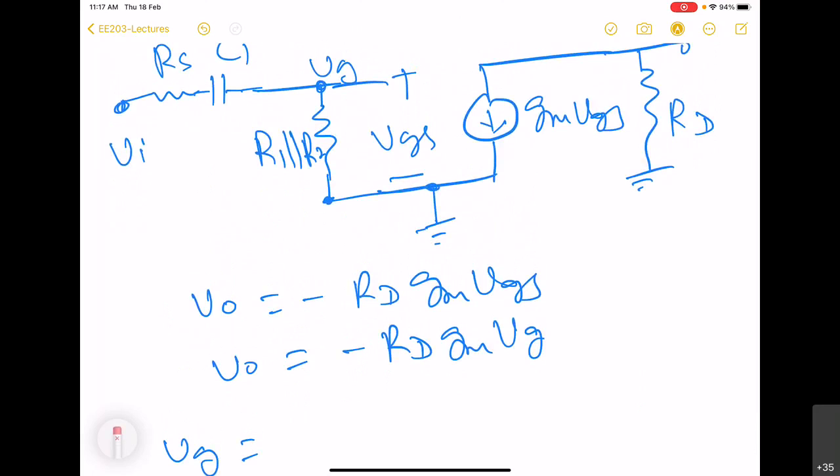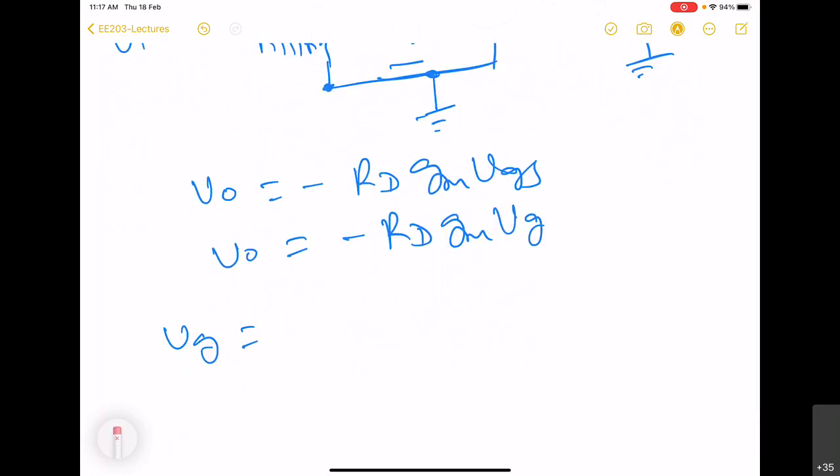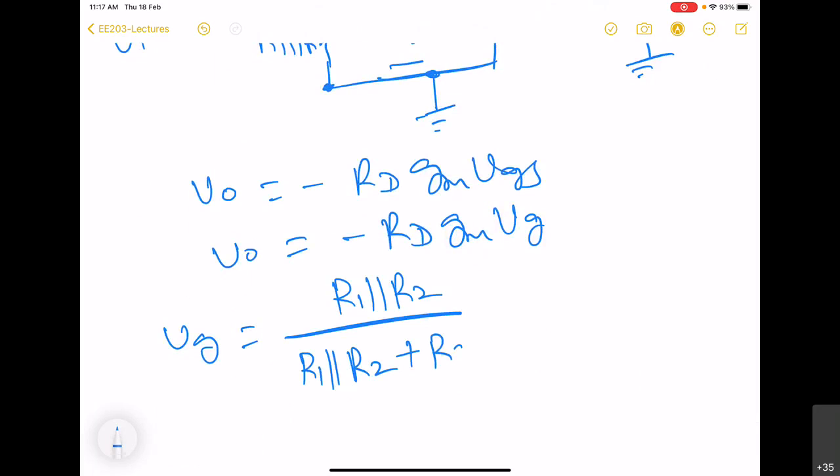So we can write the voltage across it as R1 parallel R2 divided by R1 parallel R2 plus RS plus XCI, into VI.